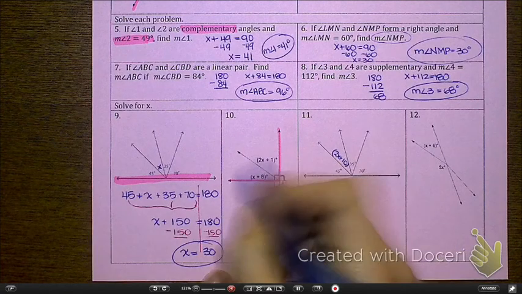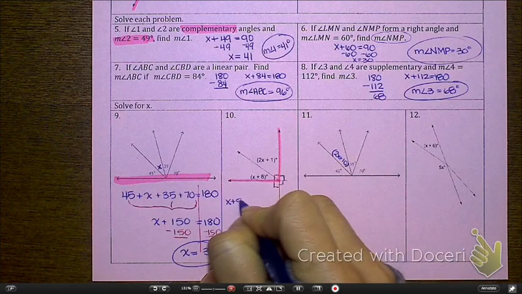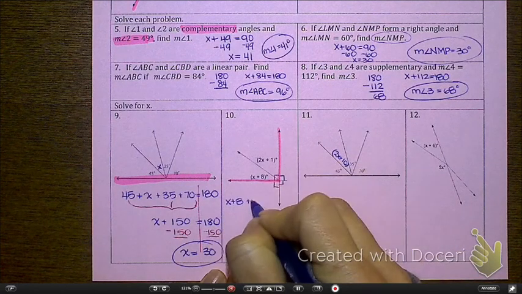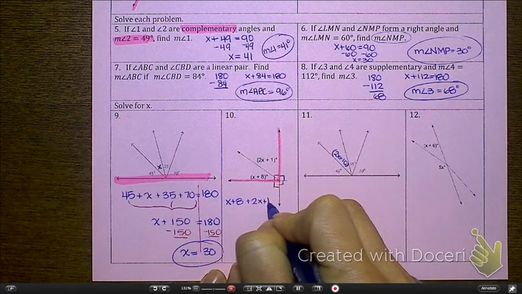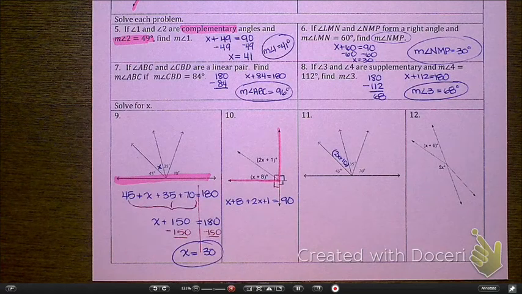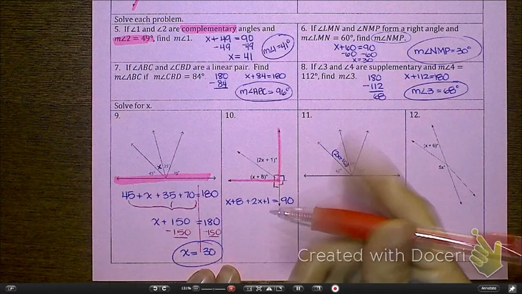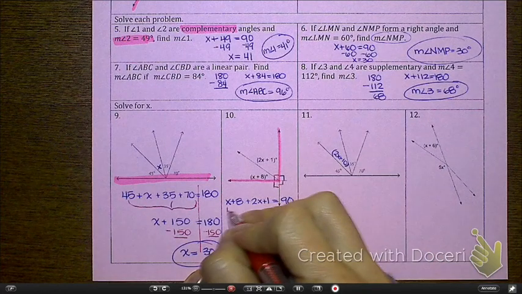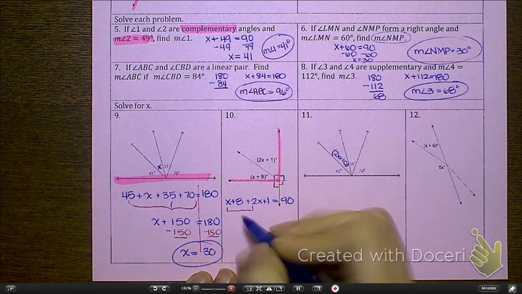Okay, so let's do that. x plus 8 plus 2x plus 1 equals 90. Go ahead and give that a try solving right now in your groups. See if you guys can come up with the answer. All right, so to solve this one, did you guys start out by combining your like terms? What was x plus 2x? 3x.